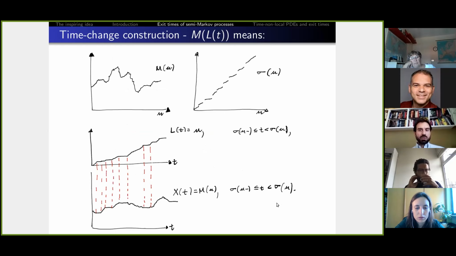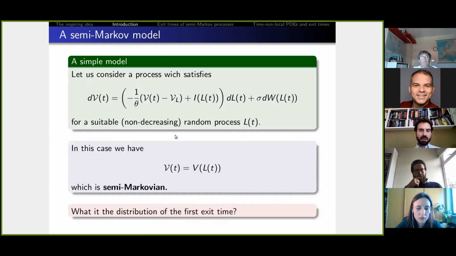So the time change construction, as introduced in the SDE above, can be explained by resorting to a new, external process, which is called sigma. Actually this coordinate here is the most important one, even if we time change with capital L. In the SDE above, the key quantity is capital L. But it turns out that this capital L is the inverse of another process.